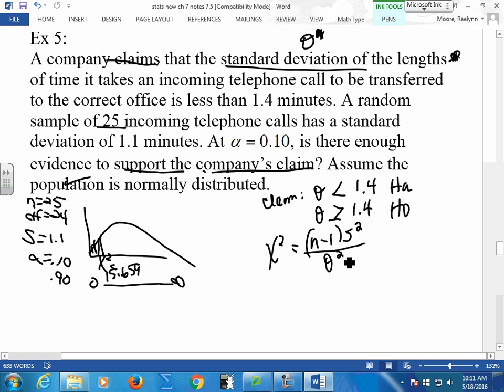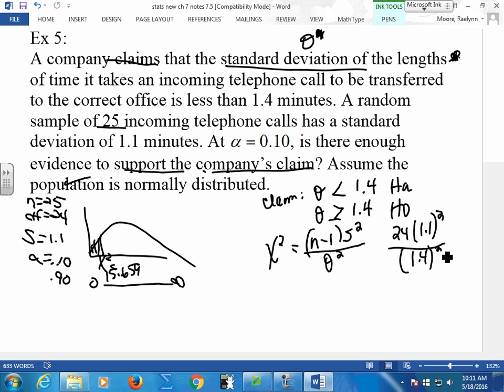If I'm given a variance, I plug it in for S squared or sigma squared. If I'm given a standard deviation, I'm going to have to square it. So I take my degrees of freedom, and I multiply it by my sample standard deviation squared over my population standard deviation squared. And this will give you your test statistic.